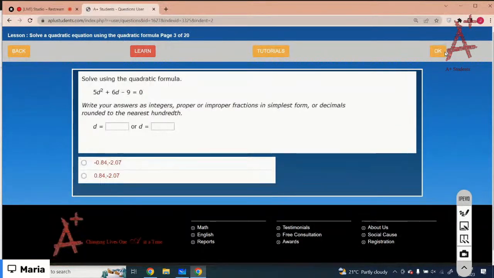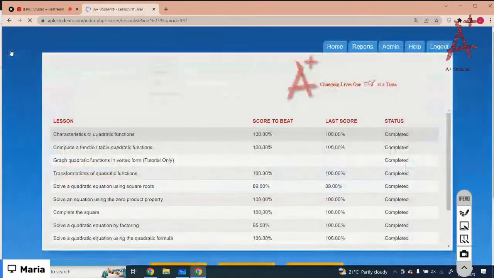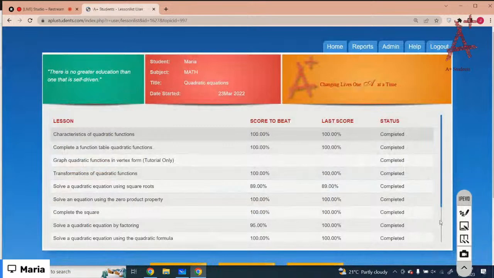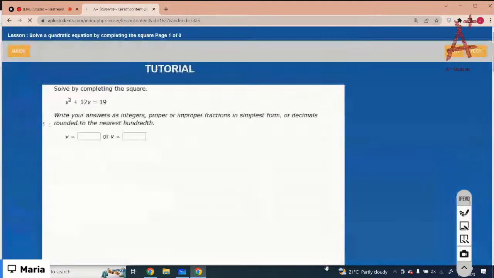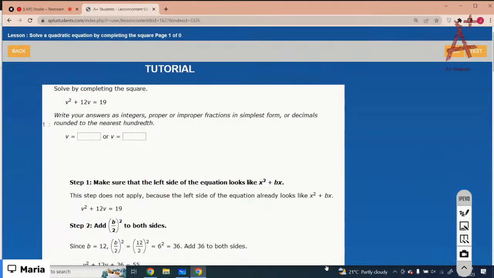Okay, let's just see. Solve a quadratic equation by completing the square. V square plus 12v equals 19.